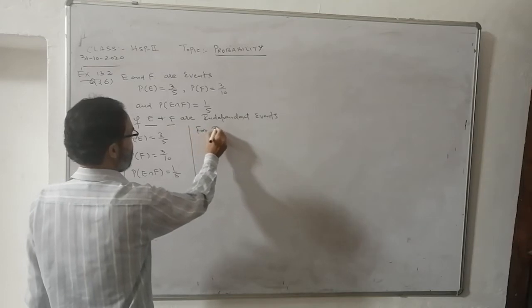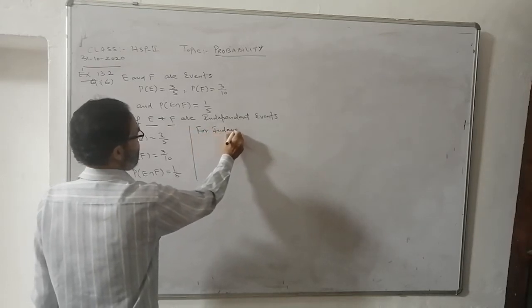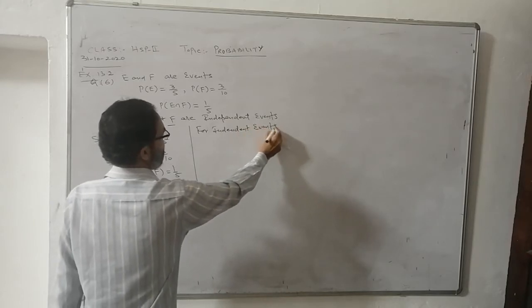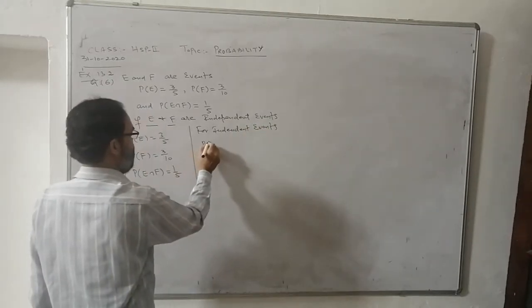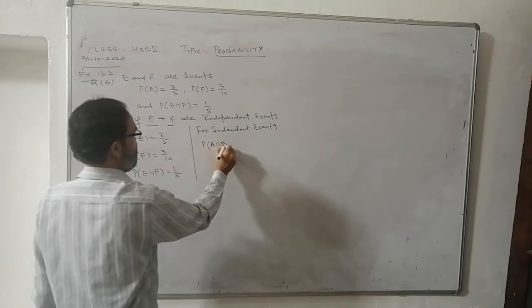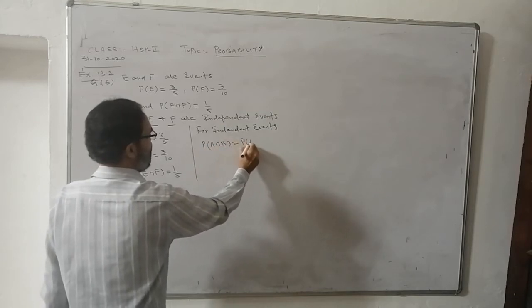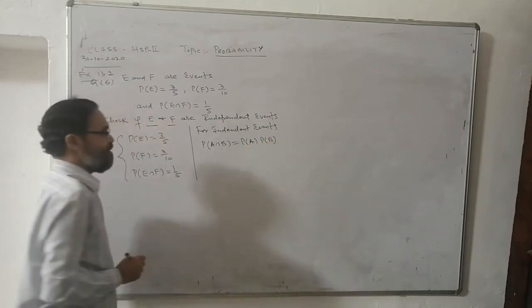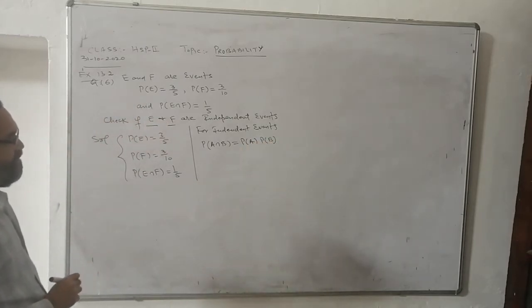For independent events, we know probability of A and B equals probability of A into probability of B, where A and B are events.